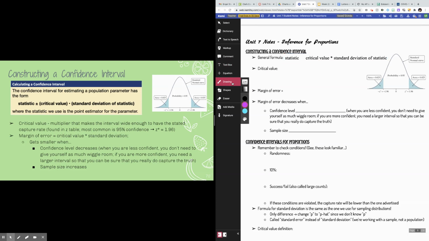This right here, the critical value times the standard deviation of the statistic, is your margin of error.